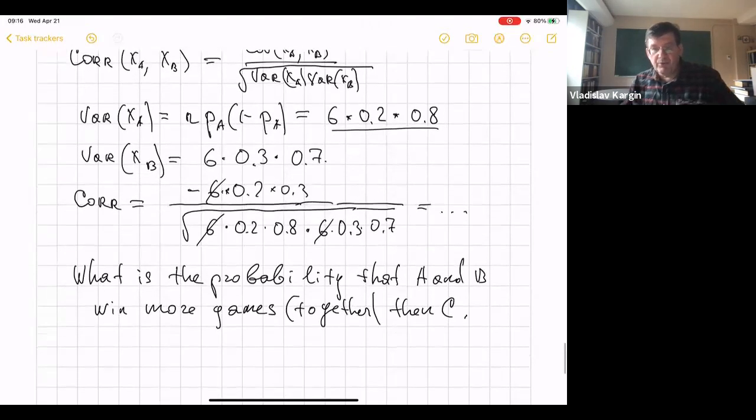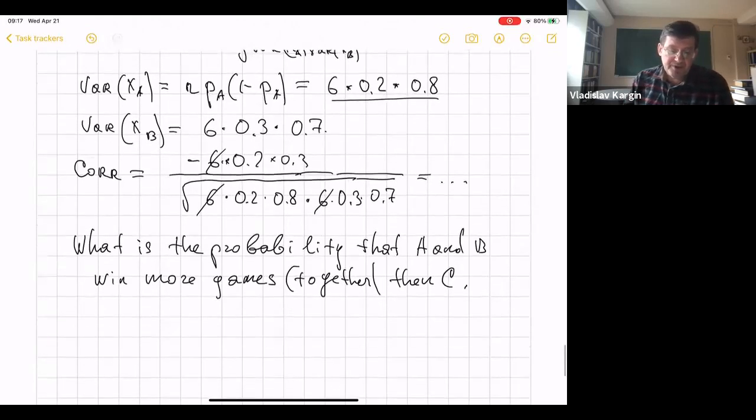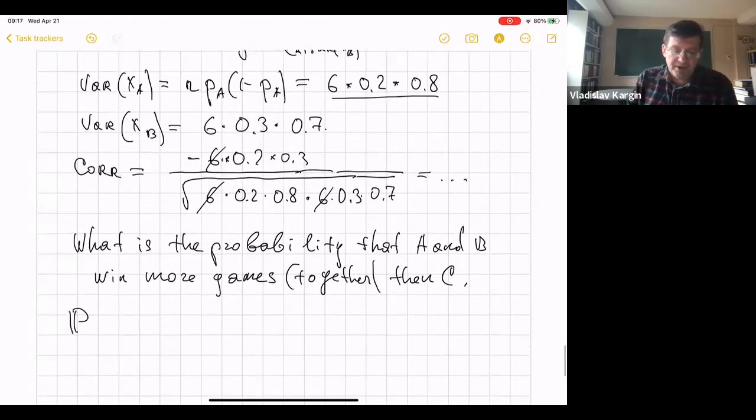We are looking at the situation when A and B form a coalition, they pool their money, and we ask what's the probability that together they win more games than C alone. So this is the question, what's the probability that XA plus XB is greater than XC?